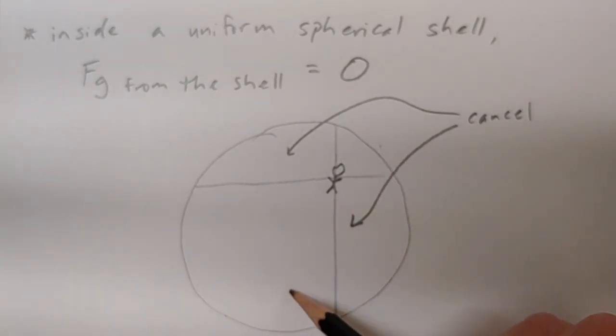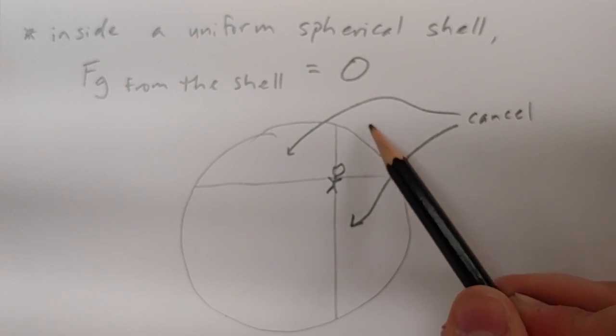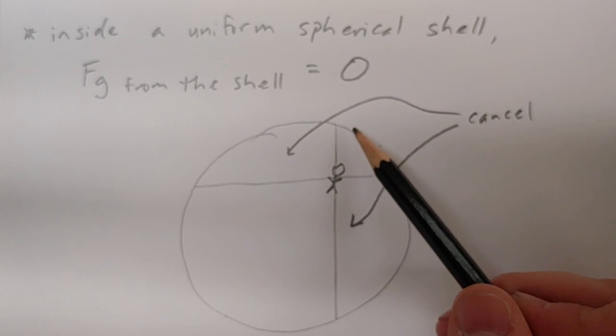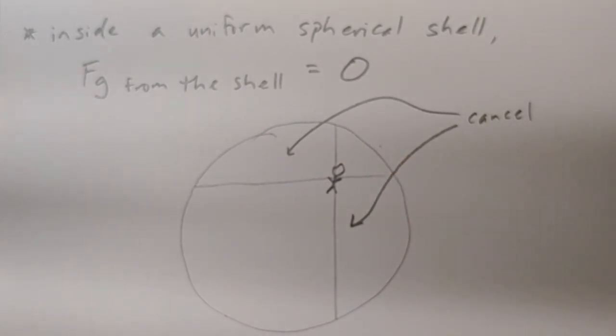And then we have these two sections. And so this part of the spherical shell is much smaller than this part. So it has a lot less mass, but it's also closer. And we know when we're dealing with the force of gravity equation that if you have more mass, you're going to get a bigger force of gravity, but also the closer the mass is, the bigger that force of gravity is.